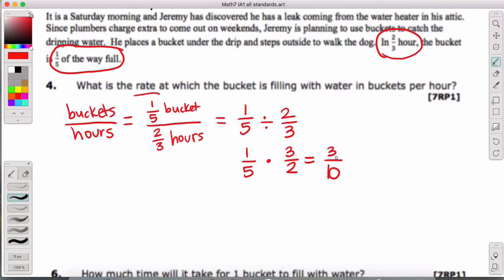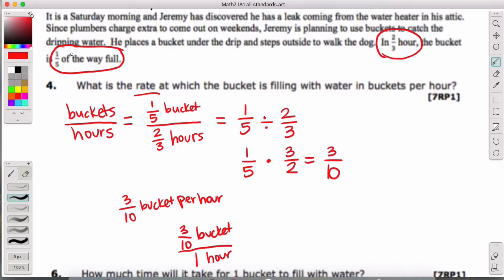So we have 3/10 of a bucket per hour. You can write that as per hour, or you could have written that as 3/10 of a bucket per 1 hour. Those both mean the same thing.